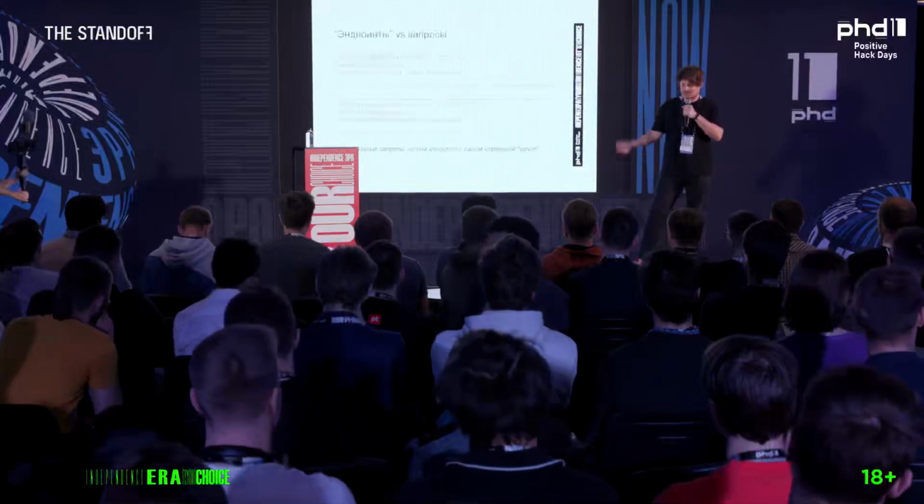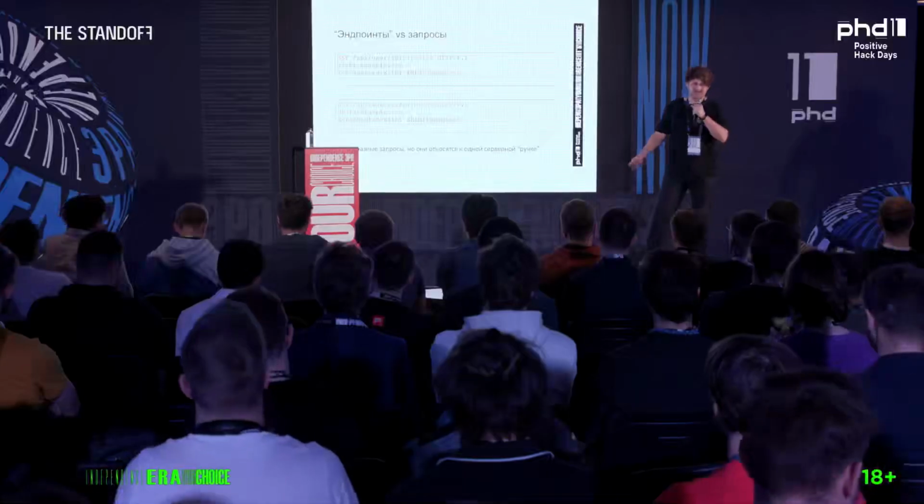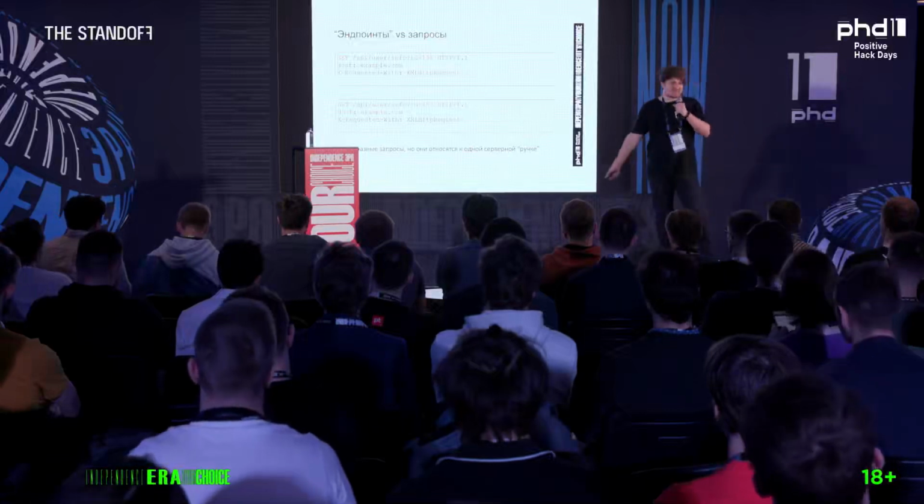So what are the requests sent by JavaScript code on the web page? We have endpoints and we have requests. Endpoint is in the name of my presentation. API endpoints, logic actions, they exist under multiple names, but when we say endpoints, they trigger various parts of server code, and there can be multiple requests to one endpoint, like here.